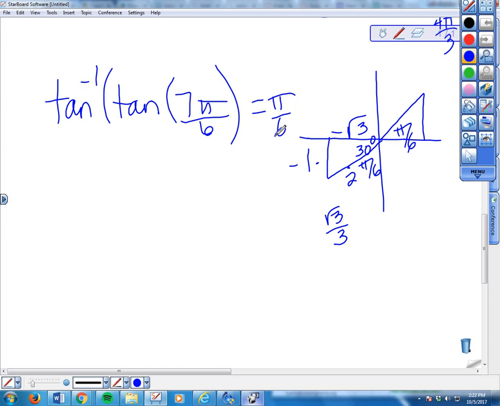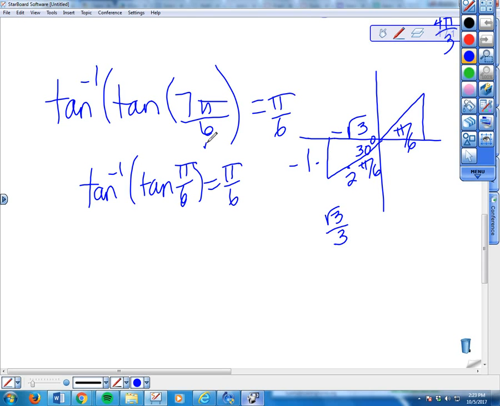Okay, so the caveat to this property, it will work in all cases, except if the inverse tangent, this angle is outside of that domain. Basically, this just negates that, and I'm just left with pi over 6.